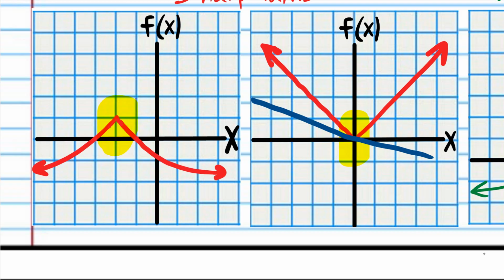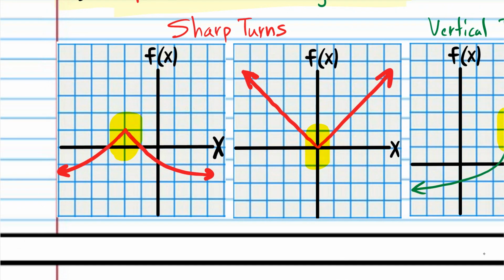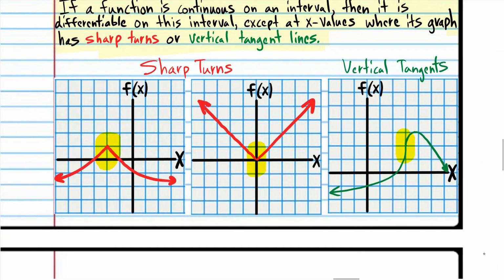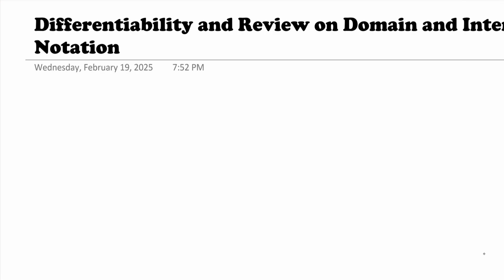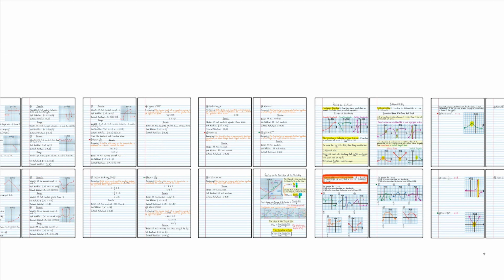Well, there is no clearly defined rate of change, and you can actually show that algebraically also, although we're not going to do that today because we don't want to get bogged down with that stuff. You're not really required to know that for the most part in the calculus curriculum.